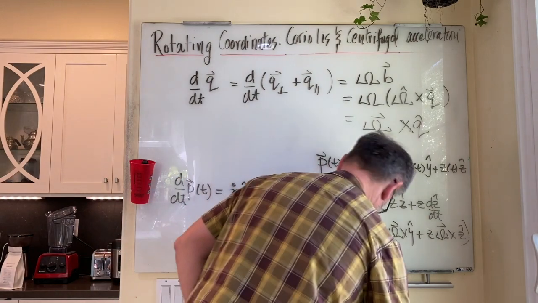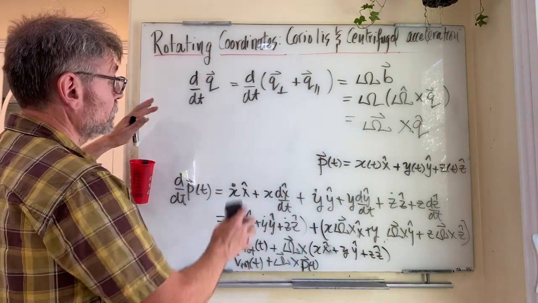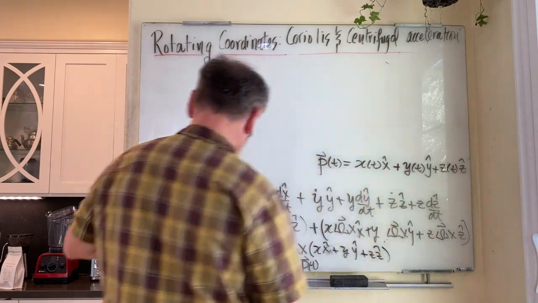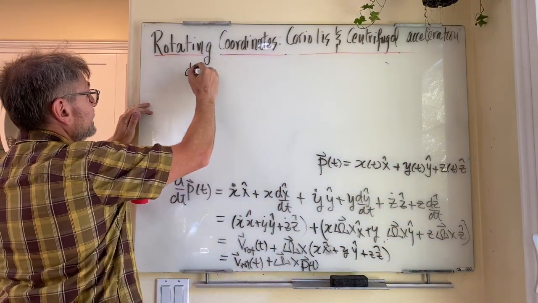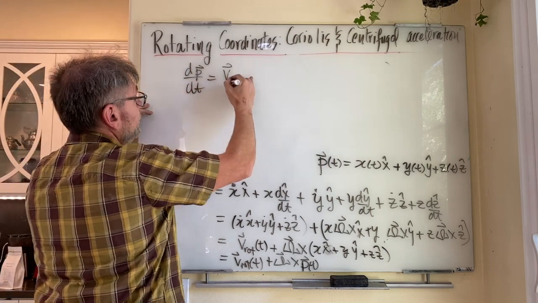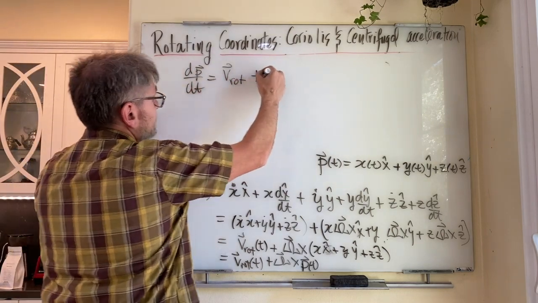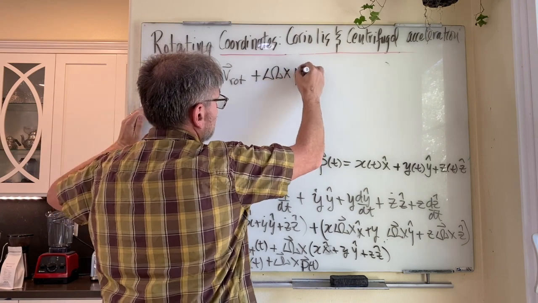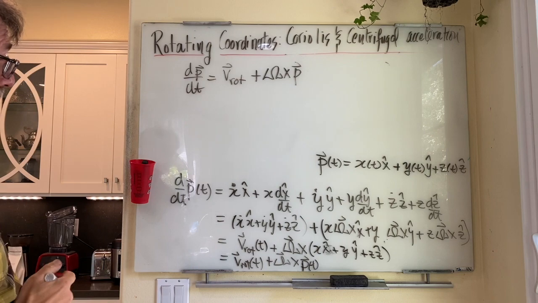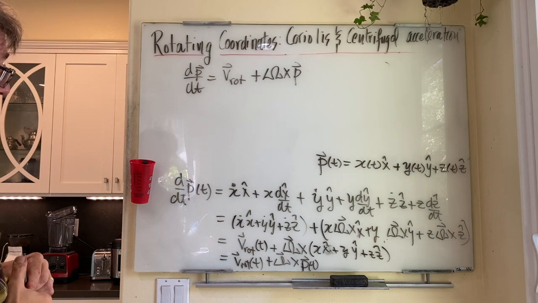Okay, so now I have derived, I guess in a very long-winded way, what dp dt is. It's equal to v in the rotating frame plus omega cross p. Now we're going to take the derivative again of this to get the acceleration, right?